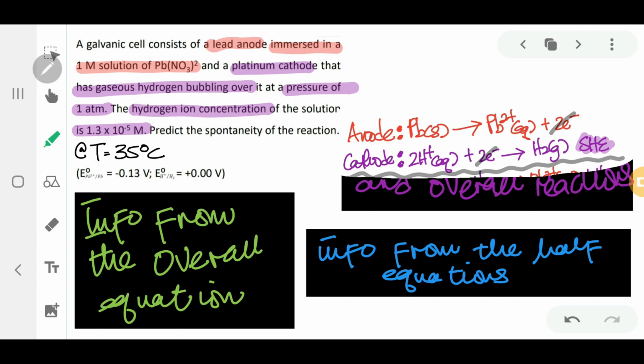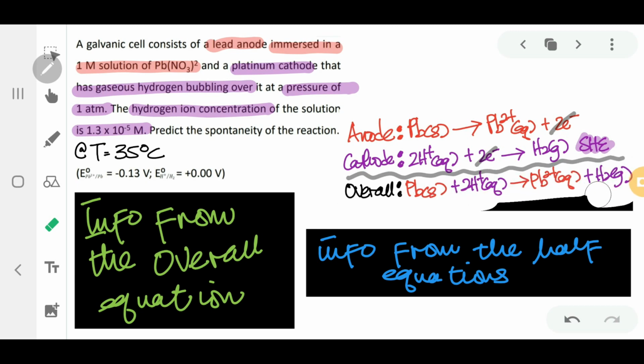So the purple bit is going to be your cathode, and your cathode is your SHE. By completing that, we will be able to write down the overall cell equation, which is here. You have lead solid plus 2H plus aqueous producing lead 2 plus aqueous plus hydrogen gas.